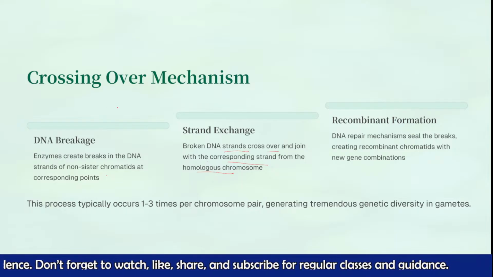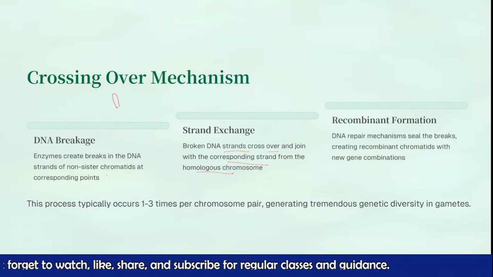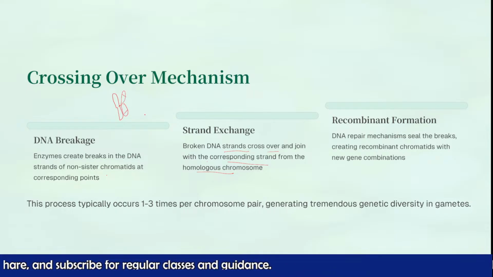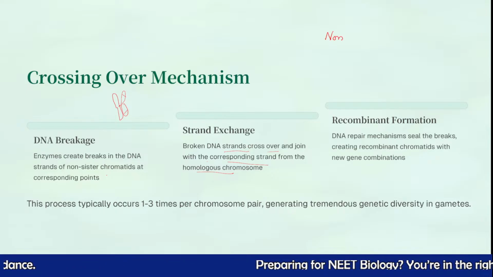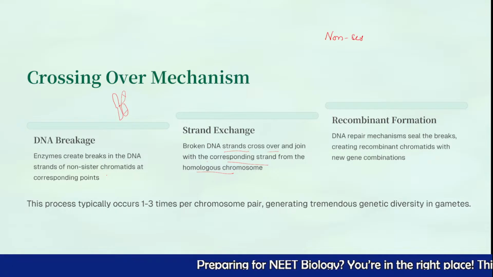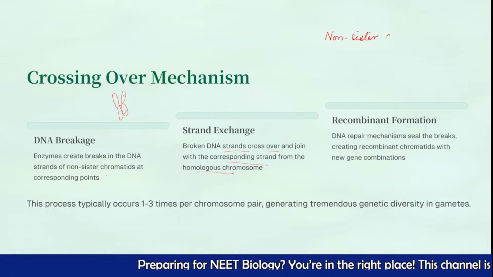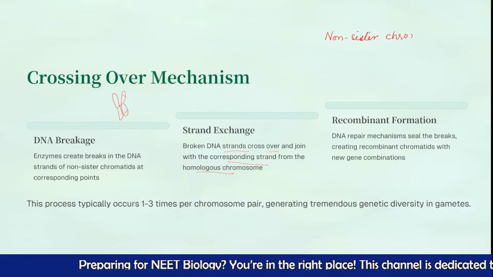Then they will join with the next homologous chromosome. Another important thing: only non-sister chromatids always undergo crossing over.